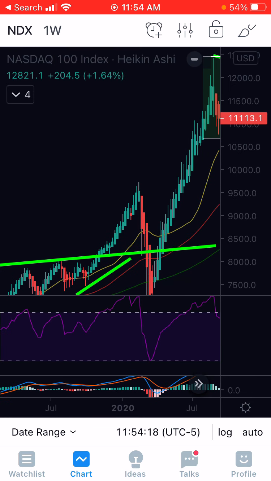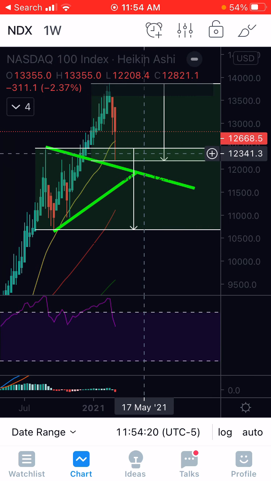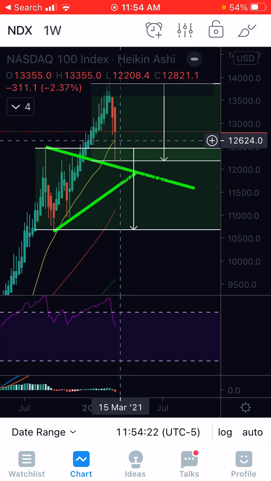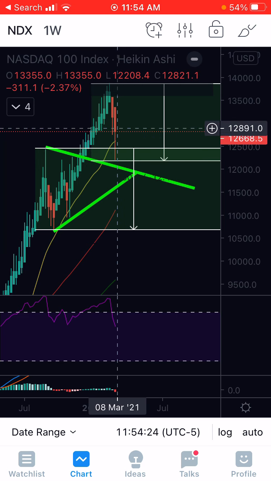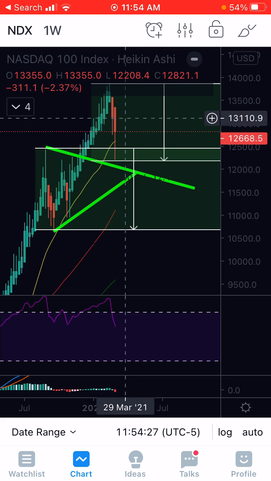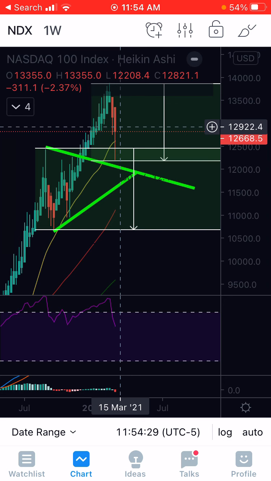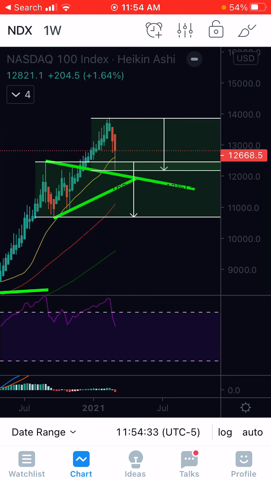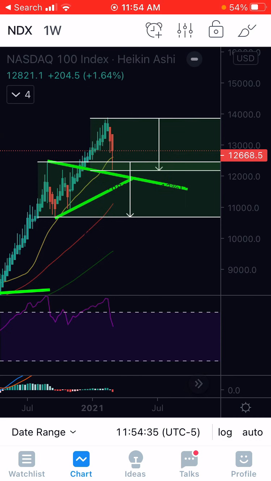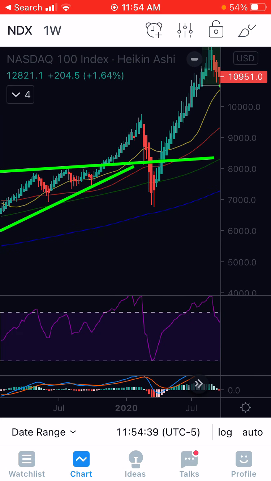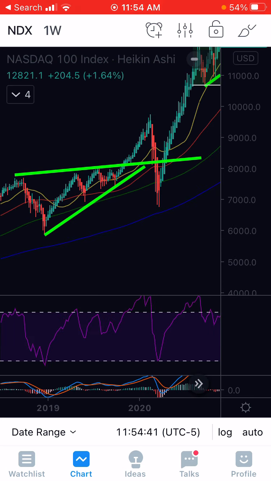So now, where we are right now, so far, we bought up above this trend line and we didn't close below it. So I still expect potentially another red week, because if you see here, most of the time you get 3 red weeks before a bounce. So we could get one more red week here. So we don't want to get too excited.